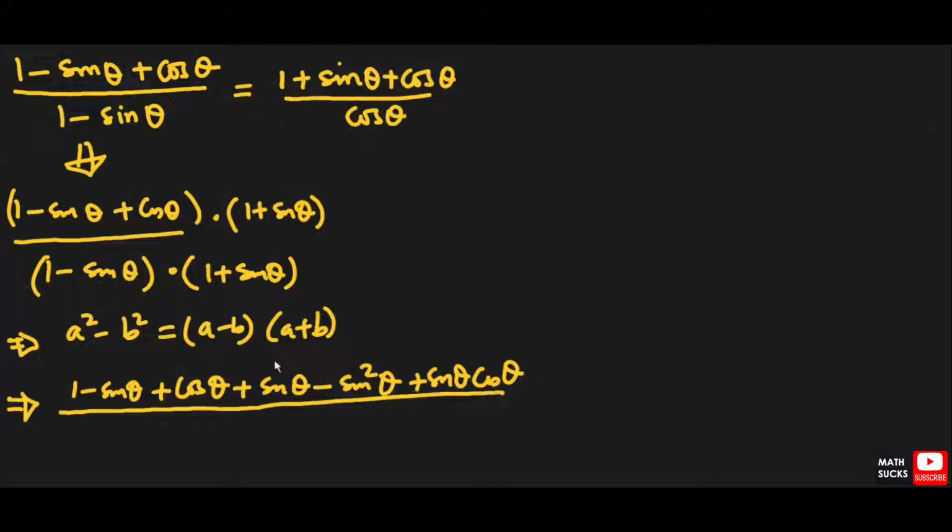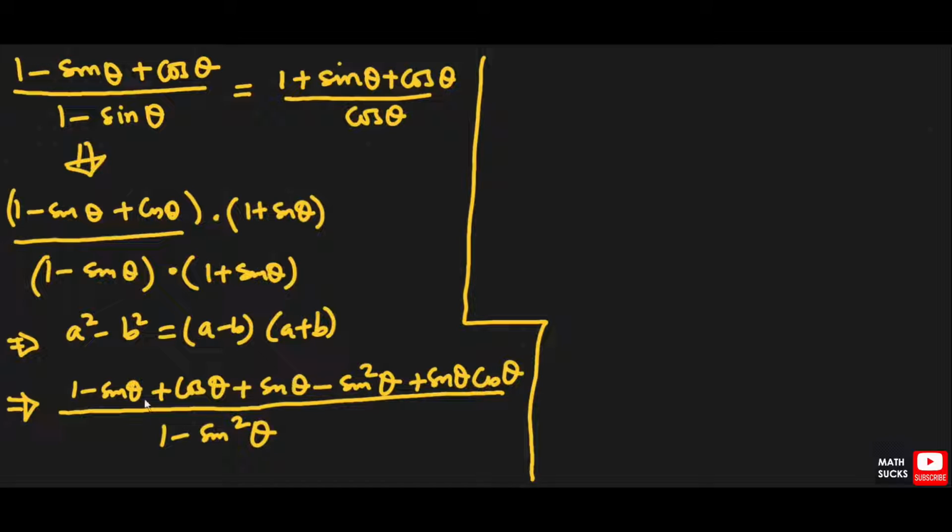And this is over the difference of two squares here, which can be condensed to 1 minus sine squared of theta, because this would be 1 squared, but it's the same as just 1. So when we get here, we can condense the top part and also simplify some stuff.